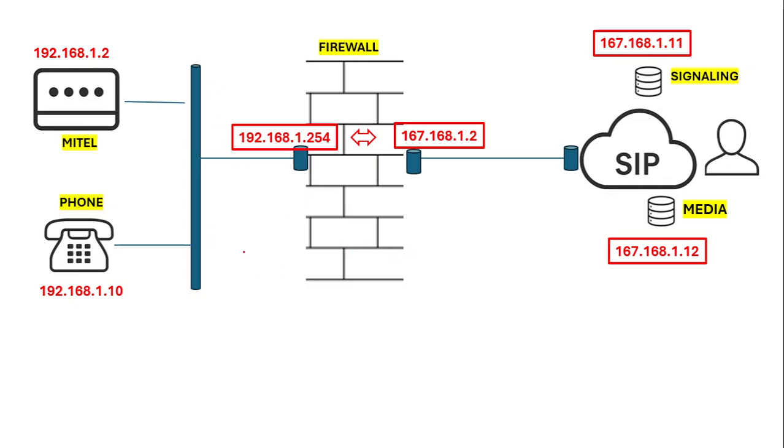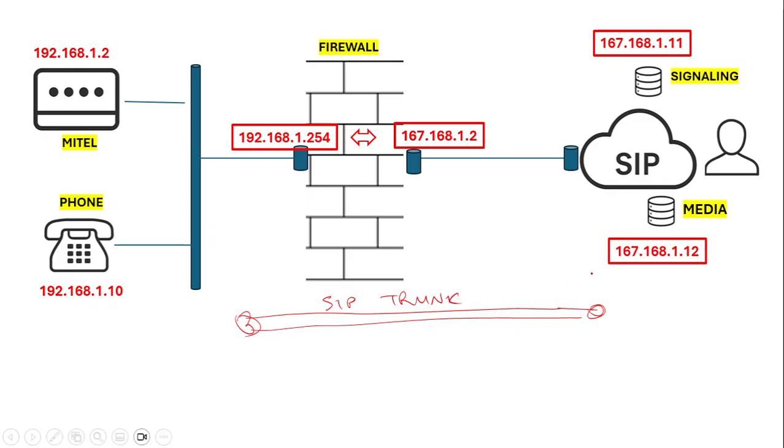So a SIP trunk, let's say this is a SIP trunk, and let's say it's a peer to peer, which means here we've got our provider on this other end, and the IP address of our provider, let's say in our case, 167.168.1.11.